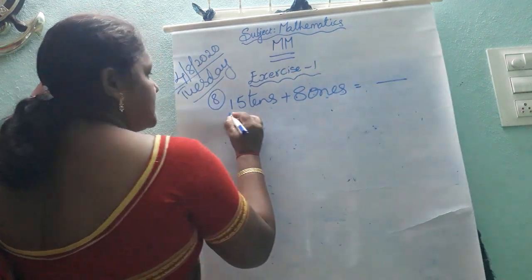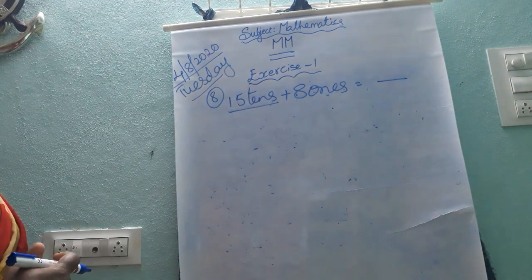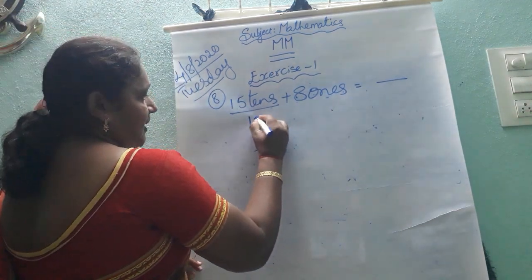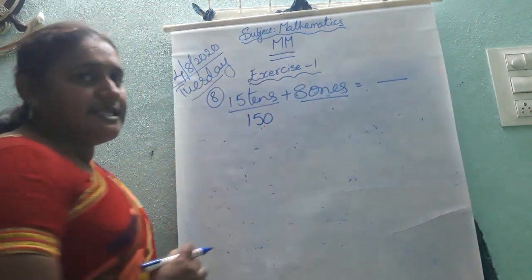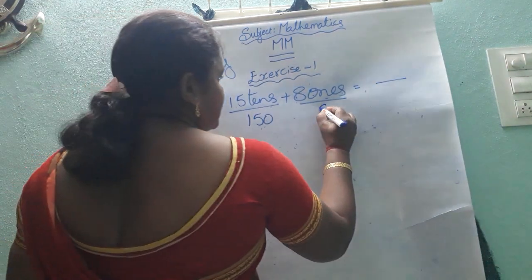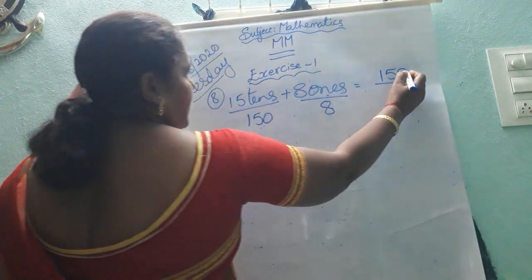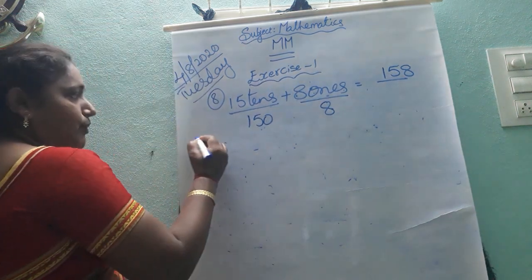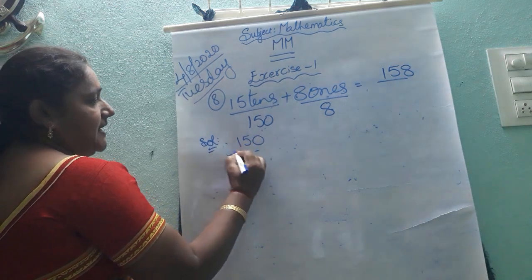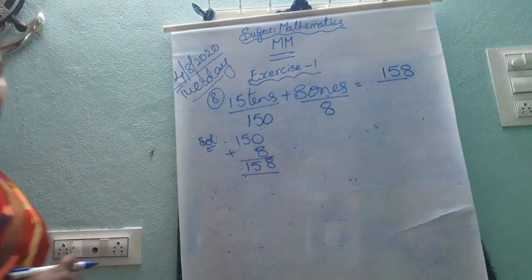Equal to how much? 15 tens is 150. 2 tens is 20. 3 tens is 30. Like that. 15 tens is 150. What is 8 ones? 8 ones is 8. 5 ones is 5. 6 ones is 6 only. So 8 ones is 8. 150 plus 8 is 158. If you have any doubt regarding that calculation, add 150 plus 8. 158. Like that you can write.